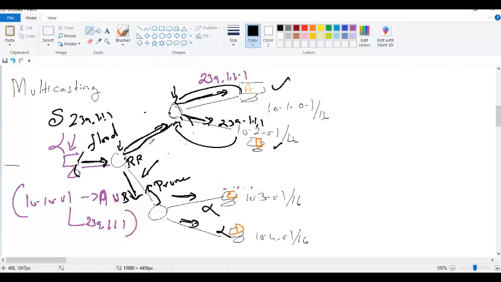Now the rendezvous point knows the receivers' location. So when the source comes, the S comma G is known. Source and the group member for the source is known. As a result, the packet is sent only in this direction, not here.